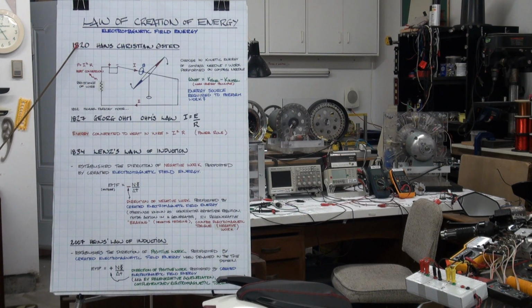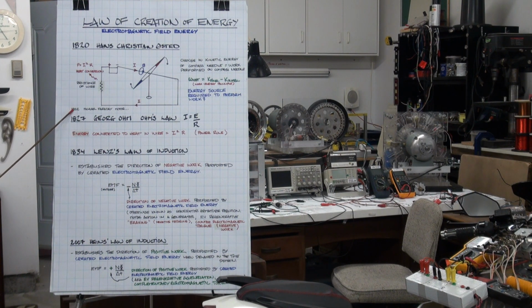Now, if you look in 1820, Ohm's law didn't exist, and it would have been difficult for Hans Christian Ørsted to realize that the work being performed on his compass needle was being performed with energy that's being created.